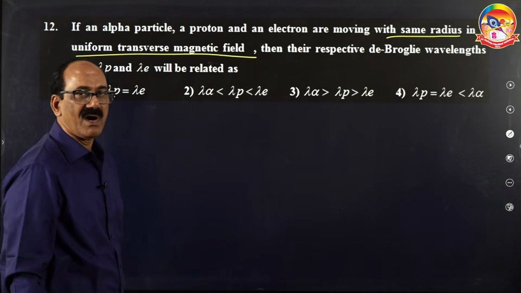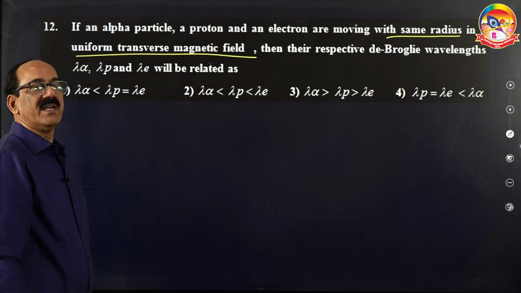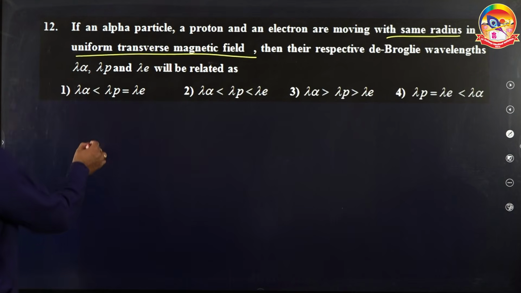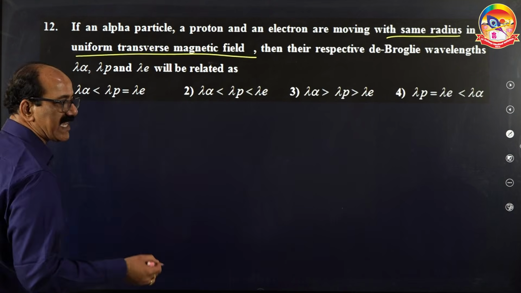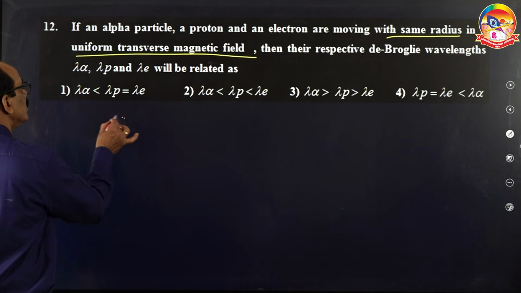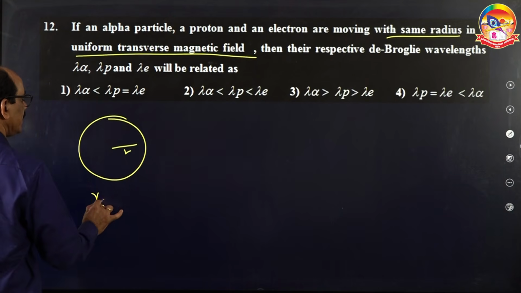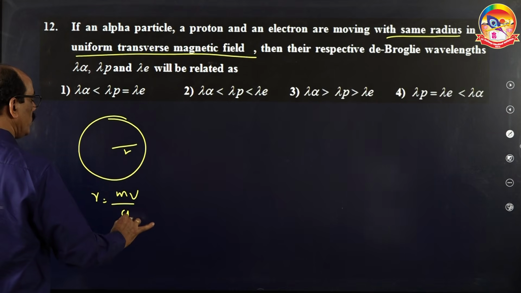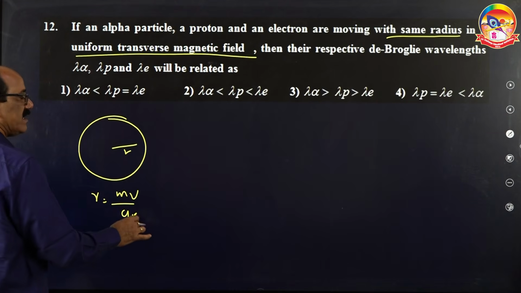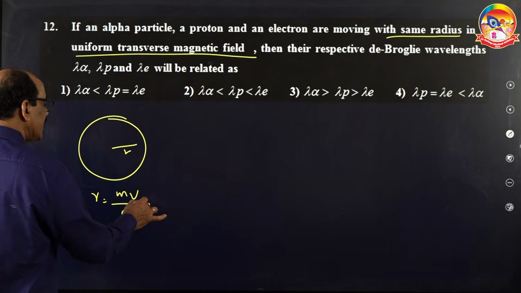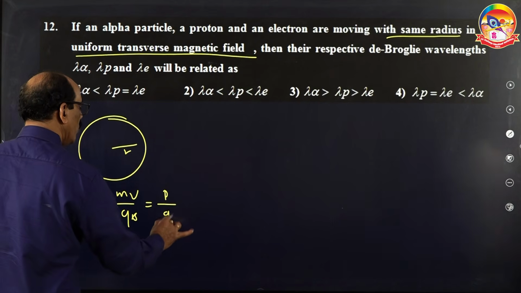We will be able to recall the revolution of a charged particle in a magnetic field. If a charged particle is projected in a transverse magnetic field, it moves in a circular path of radius r given by r equal to mv by qB, that is, momentum by qB.